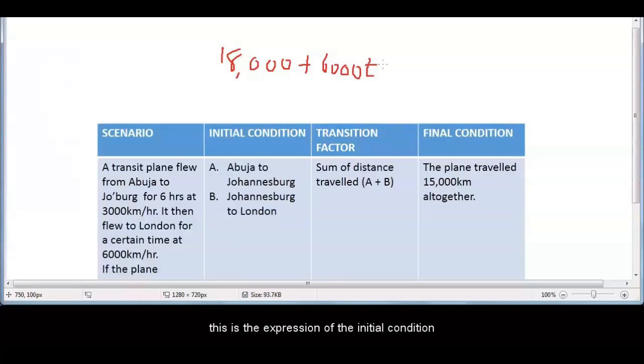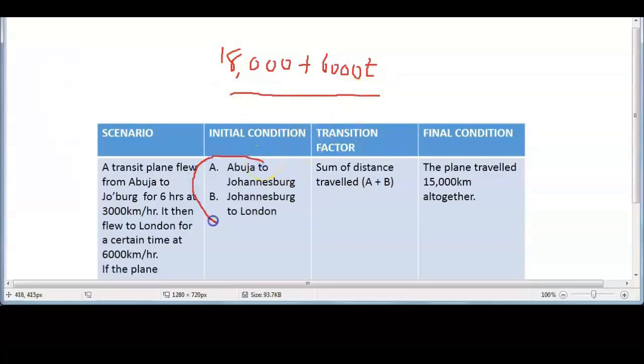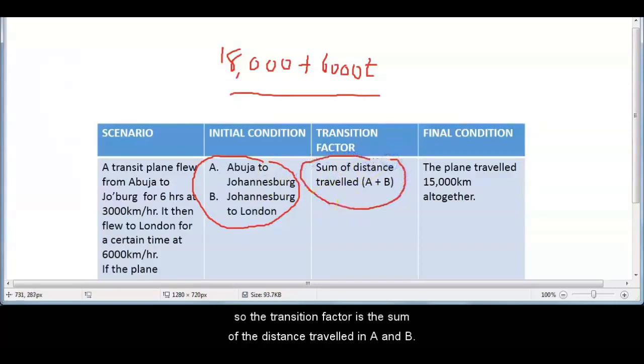This is the expression of the initial condition. Okay, the action has been performed here. So the transition factor is the sum of the distance traveled in A and B. This is the transition, the sum of the distance traveled in A and B.